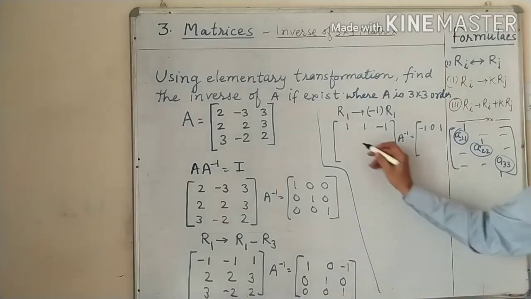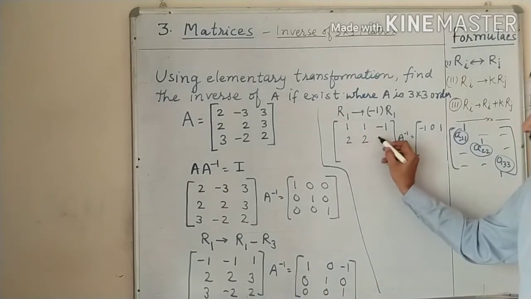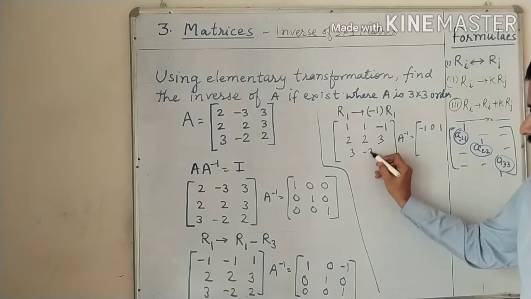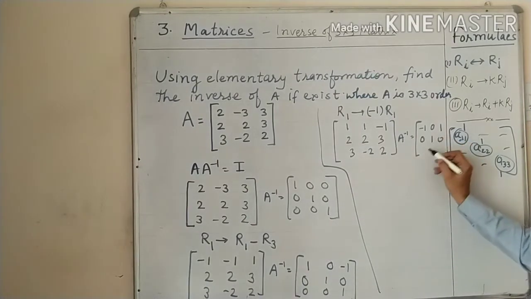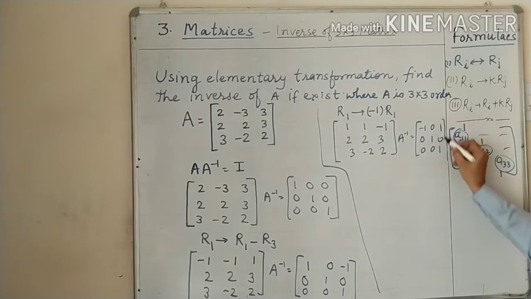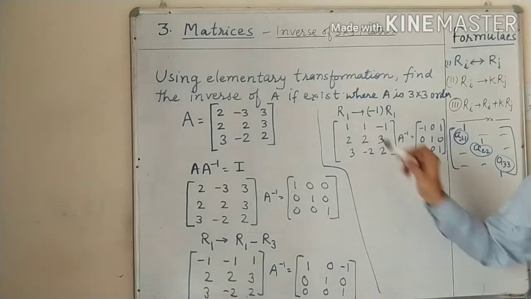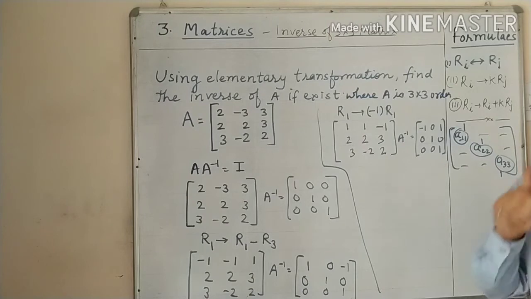The other rows are written as they are: 2, 2, 3, 3, minus 2, 2, and 0, 1, 0 and 0, 0, 1. By this method the first element of the first row is 1.